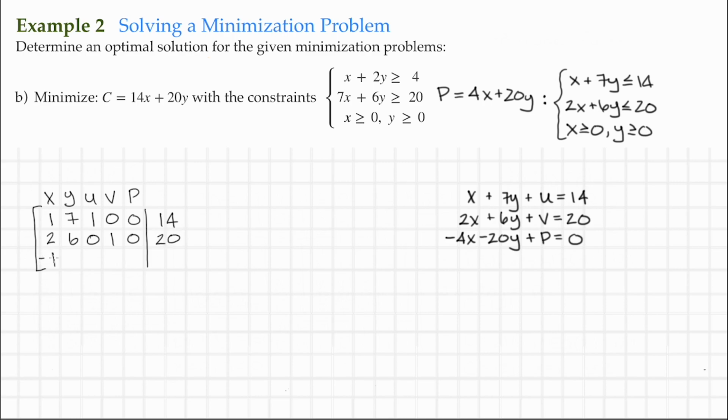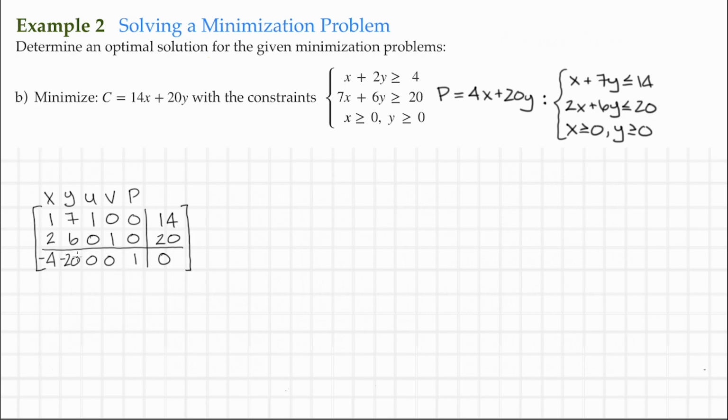Then negative 4, negative 20, 0, 0, 1, 0. Close off the bracket and put in our horizontal line. So again, we'll start with finding a pivot element, and then from there using row operations to solve.